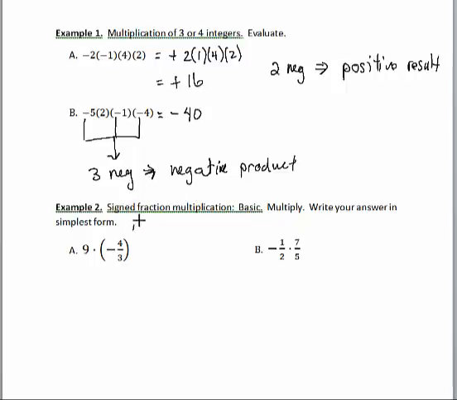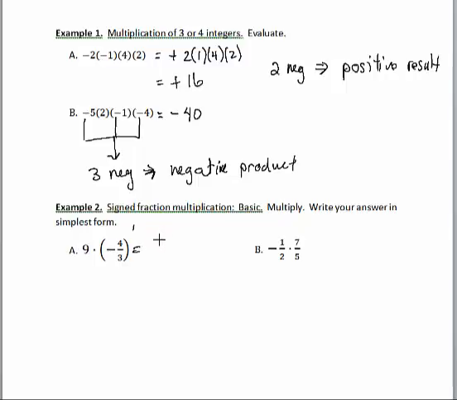Alright. Example 2, we are looking at fractions now. And so with example 2, we're really just mixing some older math concepts that we saw in the previous chapters with the new concept of even negatives gives a positive product and odd negatives gives a negative product. Okay, we still multiply the fractions together the same way as before.